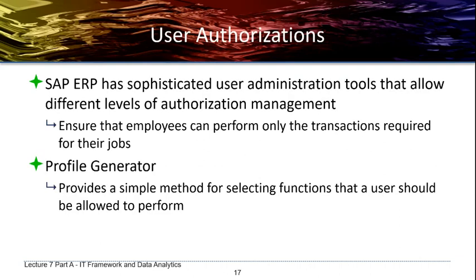ERP has a sophisticated user administration tool that allows different levels of authorization management and ensures that employees can perform only the transactions required for their job. It has a profile generator that provides a simple method for selecting the functions the user should be allowed to perform. So not everything can be performed by every user.